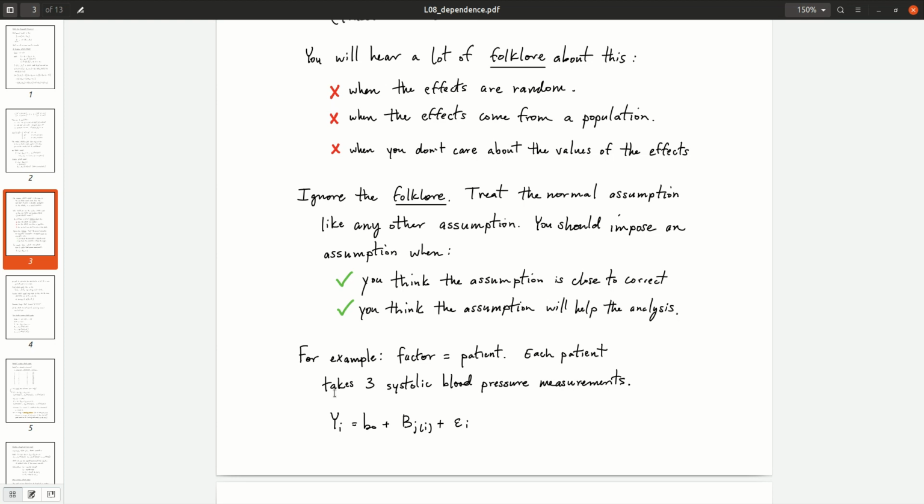So this is an example of a repeated measure study, namely that the individuals in the study are patients and they take more than one measurement per patient. So here's the model, same model we wrote down before, same assumptions we had before. This is a non-random parameter. The collection of these effects follow a normal distribution with unknown variance sigma 1 squared, and the distribution of the errors is normal with some other variance, sigma 2 squared.